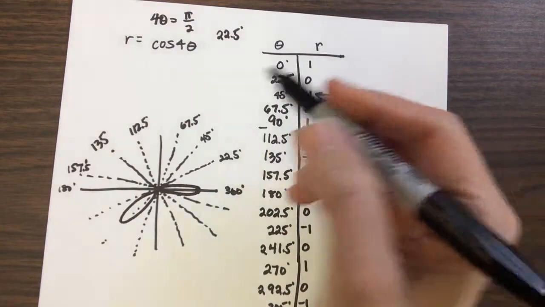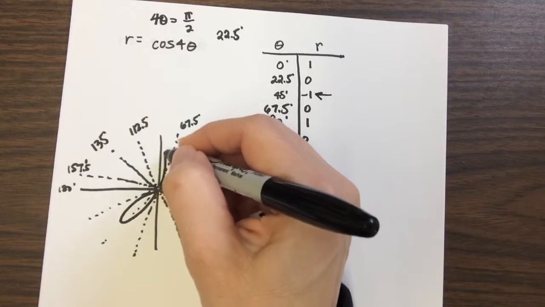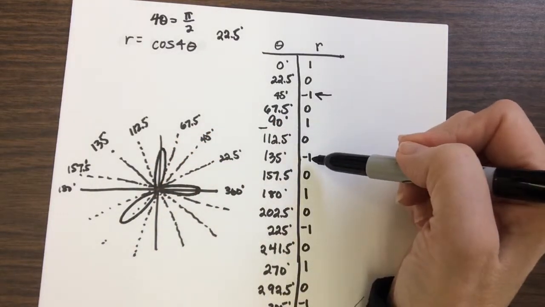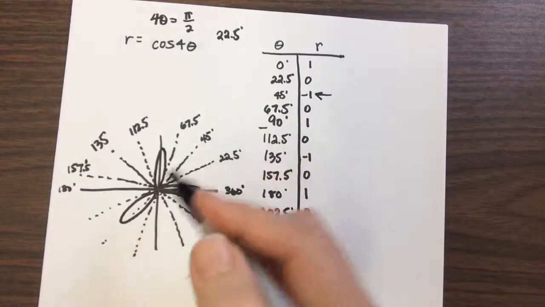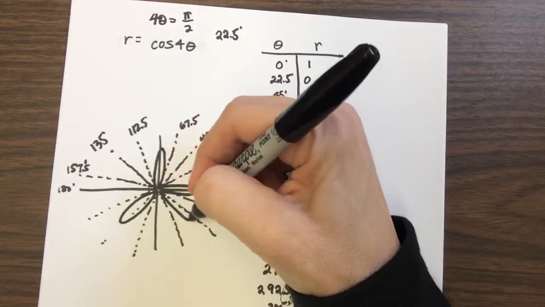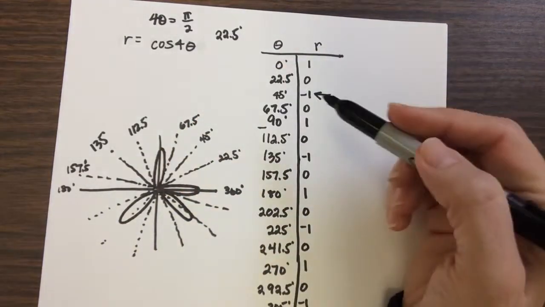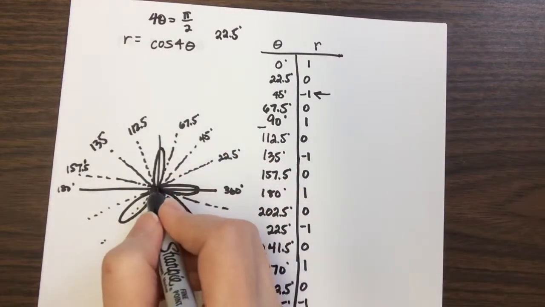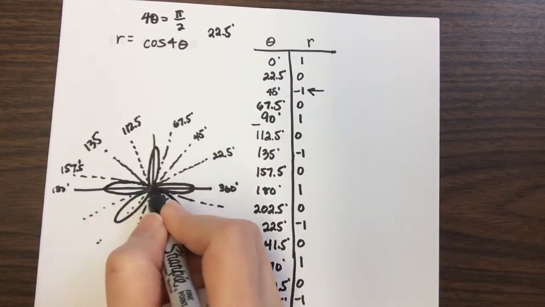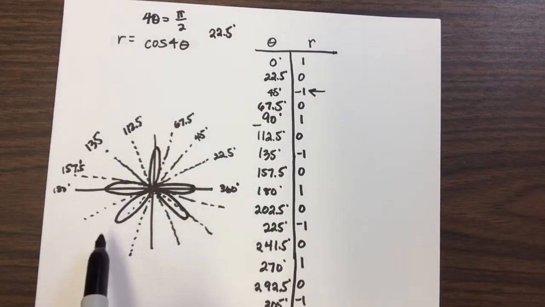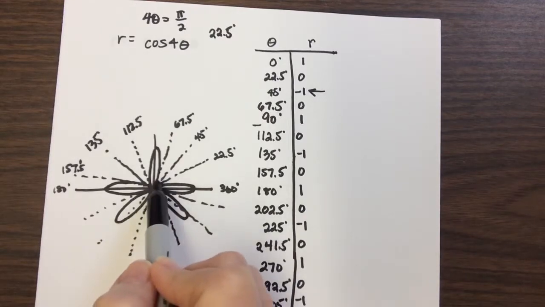Alright, 90 degrees to 1, back to 0. Alright, 135. 135 is right there, going the opposite direction. So that's that. 180. Out to 1, back to 0. At 225, which is right there, I'm going negative 1, so I'm going the opposite way.